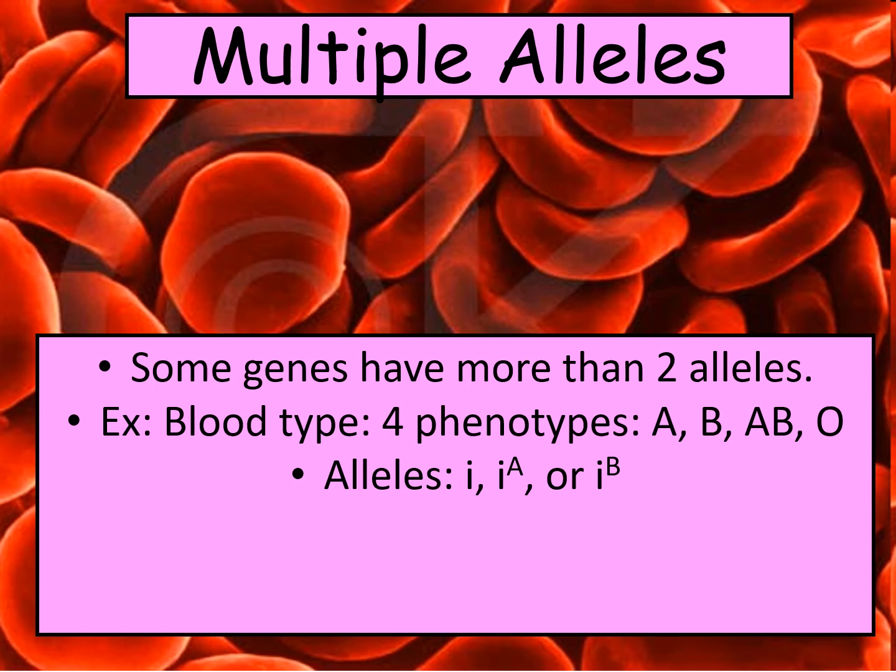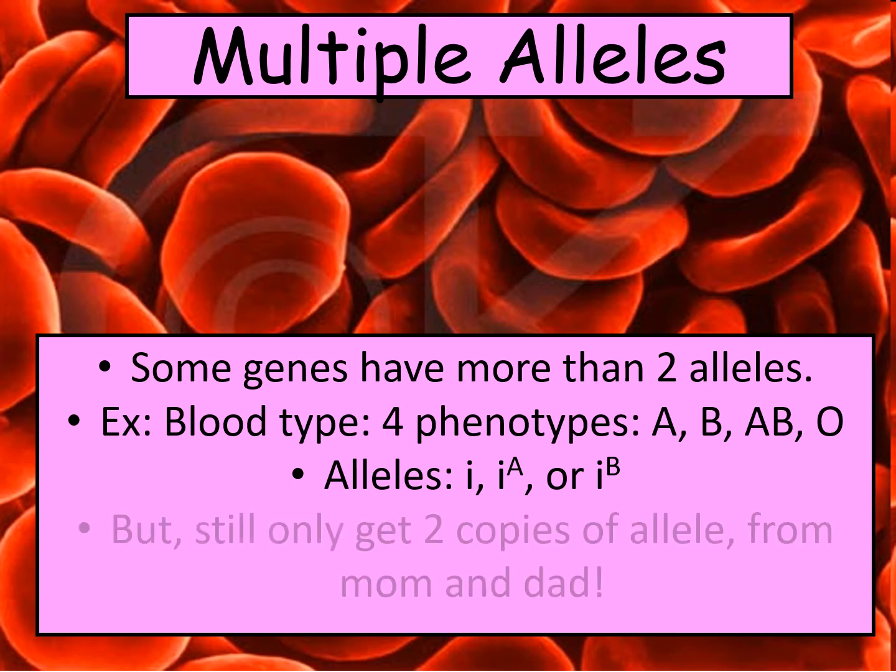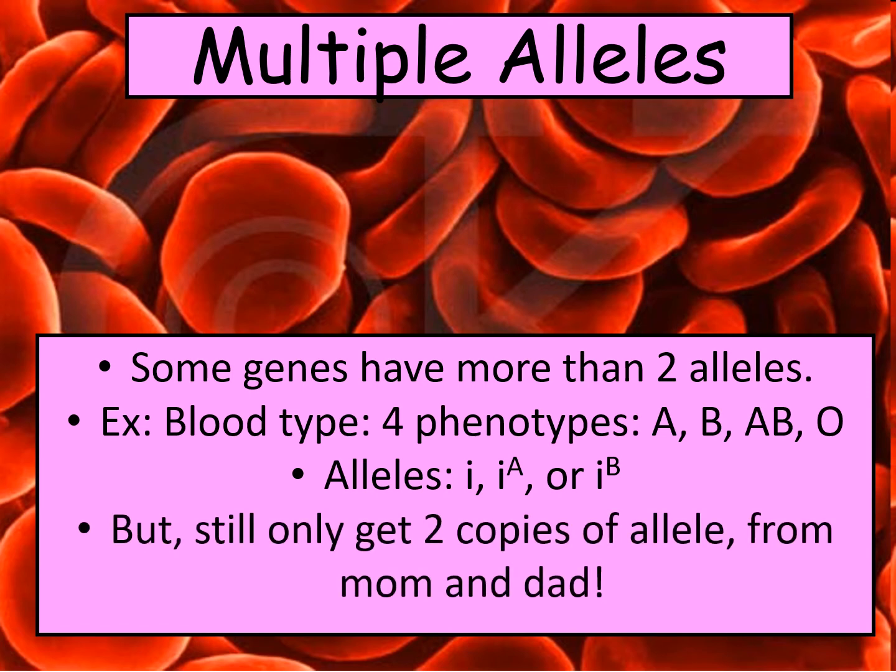So there are actually 3 different alleles that code for blood. However, you still only inherit 2, right? You get one from the female and one from the male. Then, of course, the sperm and the egg get fertilized to combine together. But there are 3 different alleles that you could possibly inherit. So we call this phenomenon multiple alleles.